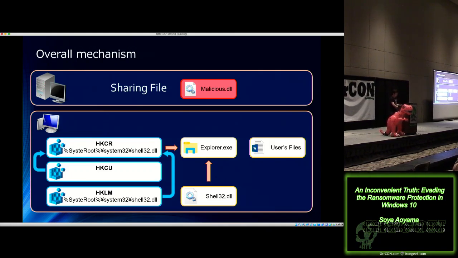This is overall mechanism. Normally, the value in HKLM is reflected in HKCR. Explorer reads it and loads the correct DLL. However, you can write a path of malicious DLL in the HKCU with user privilege, and its value is reflected in HKCR.